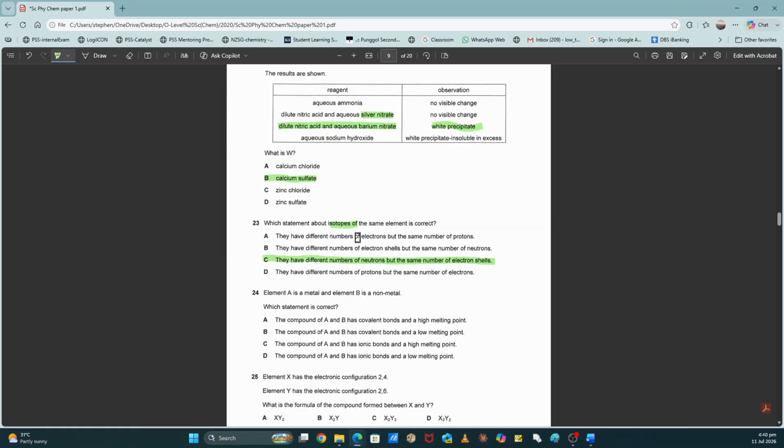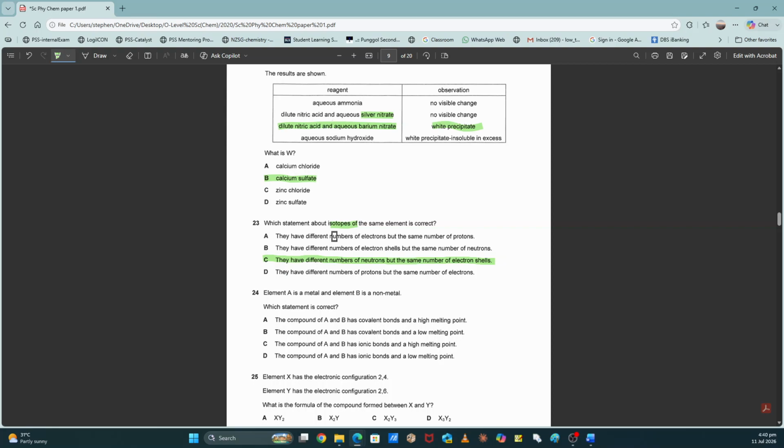So A is not an answer for isotope, but it looks like A is the definition for ion. Because an ion is formed from an atom, and the ion, whether it's positive or negative, still has the same number of protons, but different number of electrons.